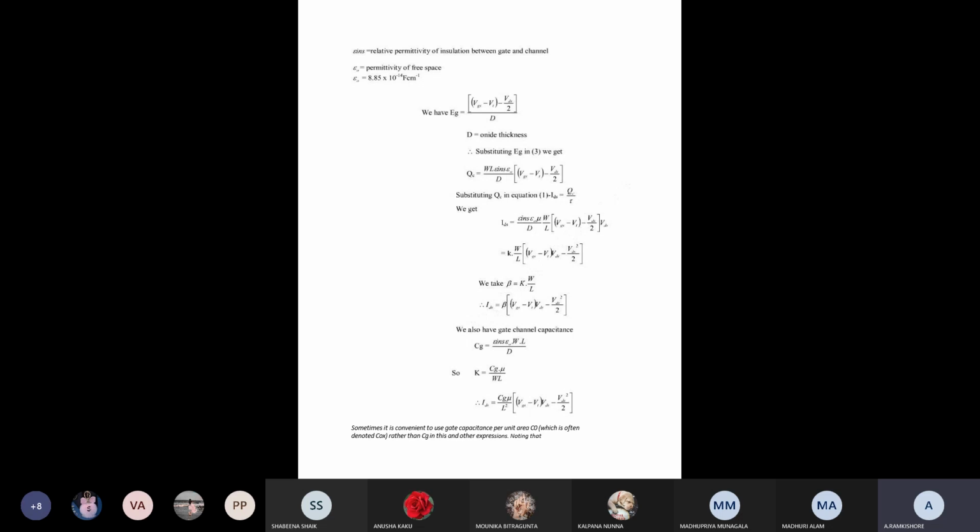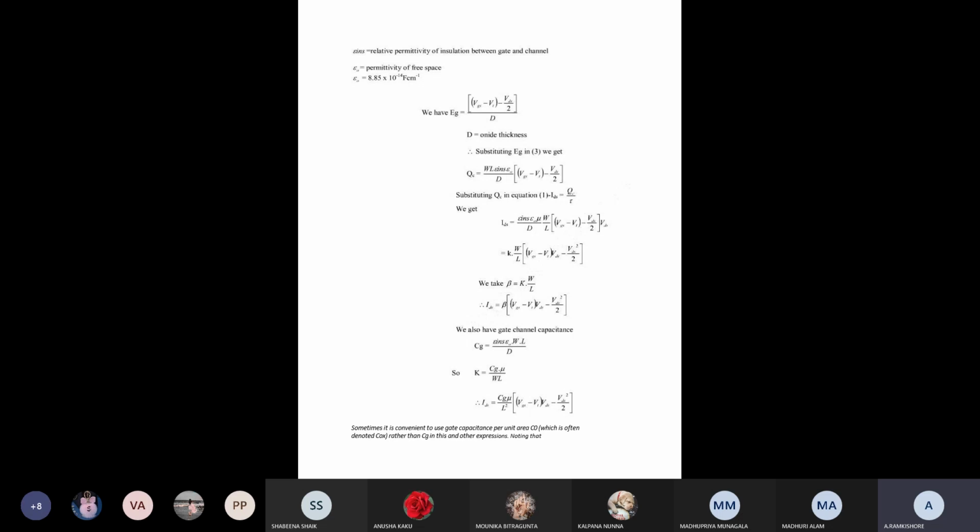These constant factors we can assume as a constant K. Whatever these epsilon naught, epsilon ins, the electron mobility and the oxide thickness, the overall terms will be considered as a constant K.